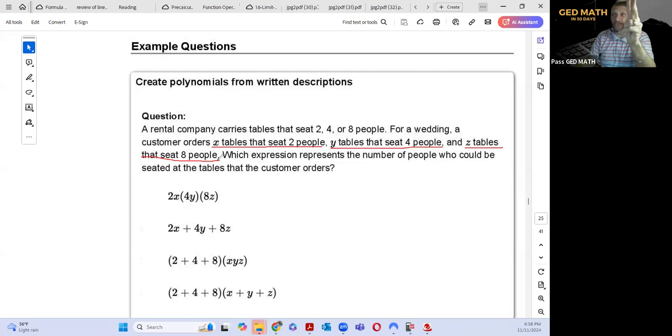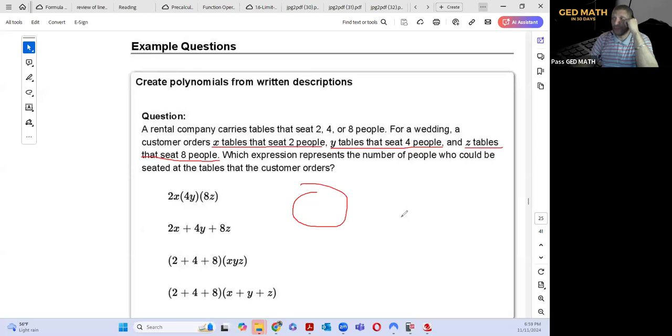If I had 3 tables that seat 2 people, how many people are at that table?